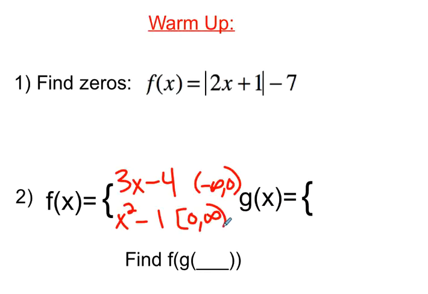And then g of x will be a piecewise function, which will just, why don't we just say 4, from negative infinity to negative 1 inclusive, and then we'll say negative x minus 3 from negative 1 not inclusive to infinity.